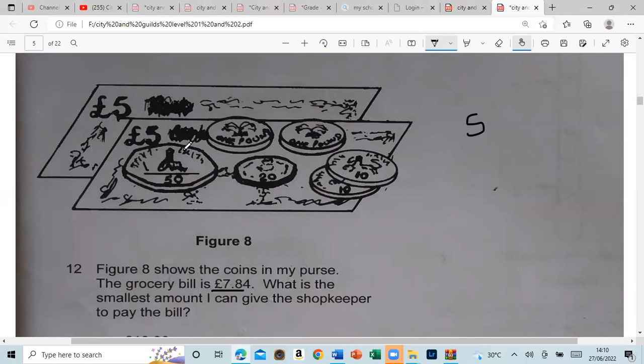So these are £5 and £1. I'm going to go with 5, 6, 7.